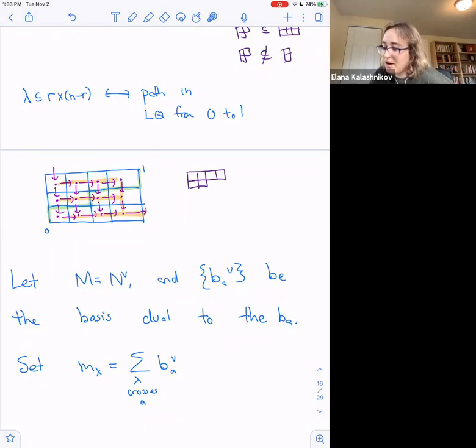For example, for this path here, you have to look at where it crosses a basis arrow. That's going to be right here and right here, and so you'd have two summands in that example.